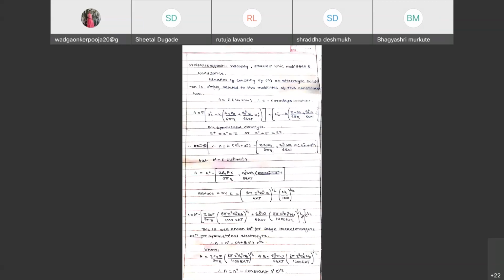Let me continue. For a symmetrical electrolyte, we can have Z plus, Z minus, and that is equal to Z. It means total Z is equal to Z plus or Z minus, representing the ions. Do not get confused with the signs.